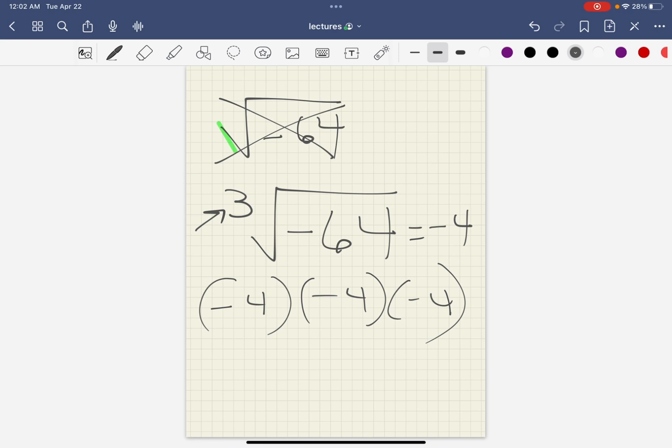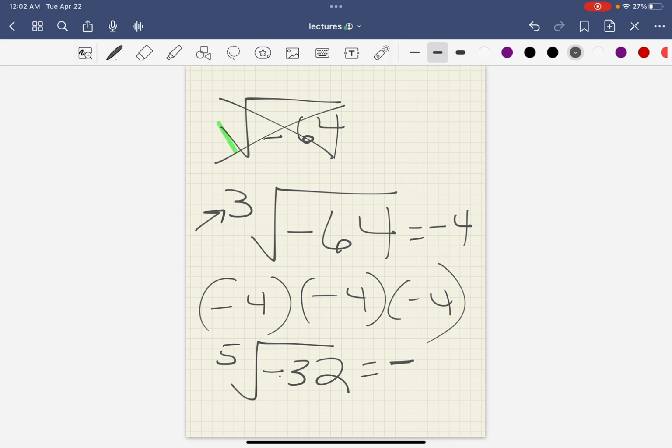Okay, the next one is the 5th root of negative 32. So that's asking us what number multiplied by itself 5 times is negative 32. Well, because of the negative, we know the answer has to be negative, because 5 negatives will give a negative answer. And in order to multiply a number by itself 5 times and get 32, it's got to be pretty small.